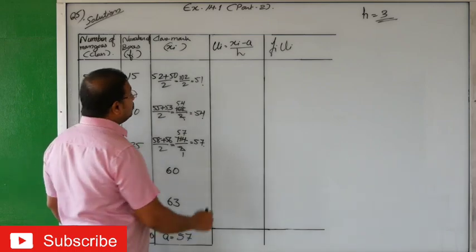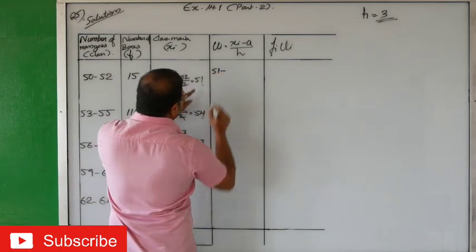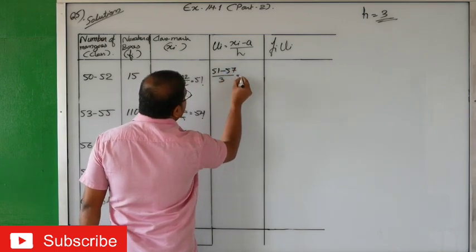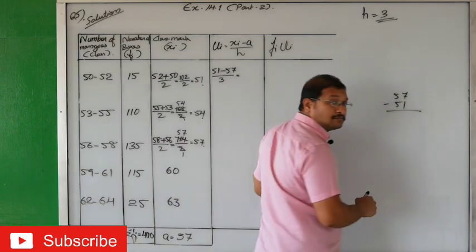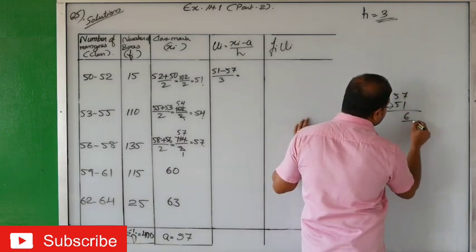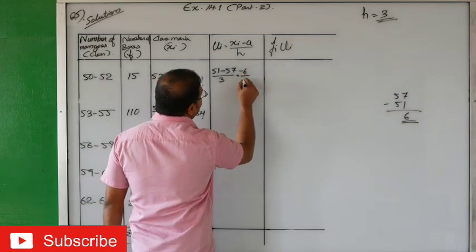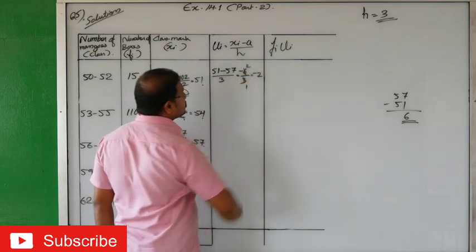So what will we do now? xi minus A. 51 minus 57 divided by 3. 57 minus 51 is 6, but the bigger number is being subtracted, so the answer is minus 6 by 3, which cancels to minus 2.